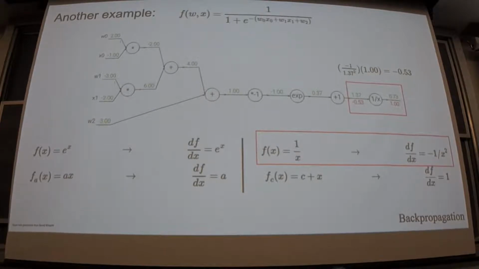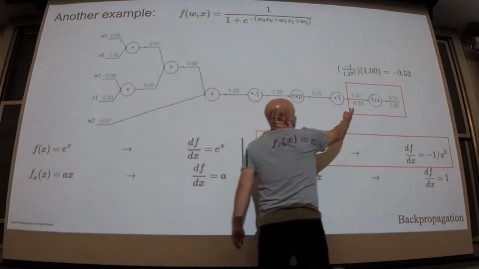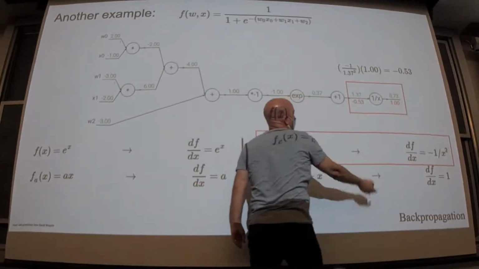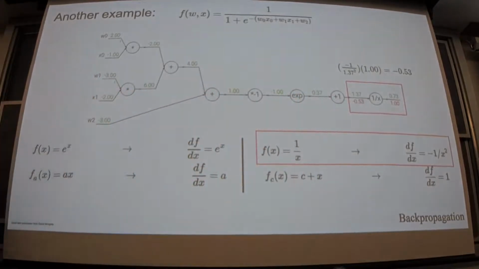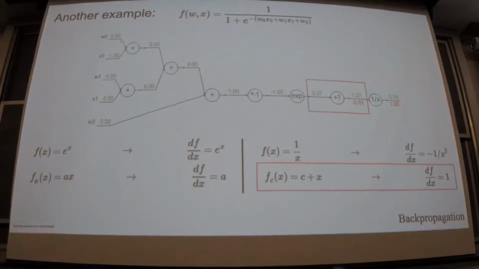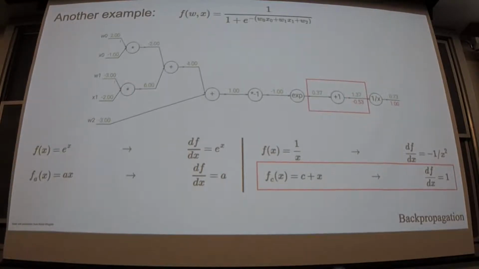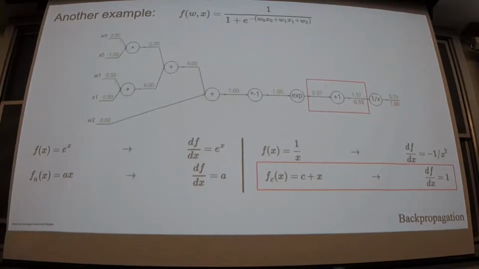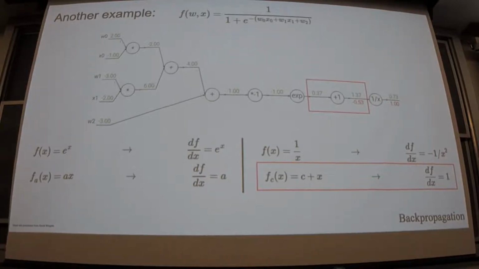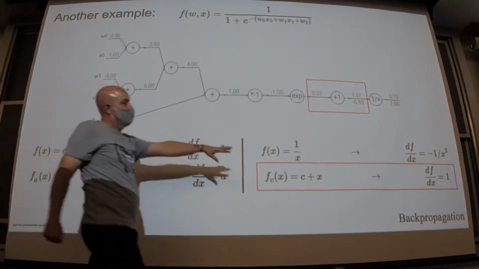Okay, now we do the next step. Again, we've got our partial f partial whatever this operation is. Now we're going to keep backpropagating. We're going to go back upstream. So this is just adding a constant 1, and there's your derivative. It's just 1.